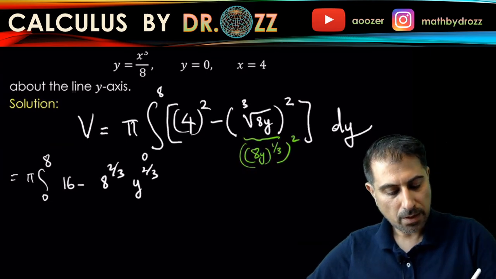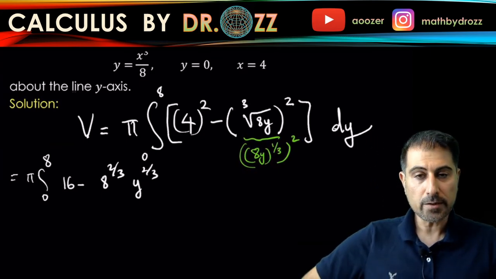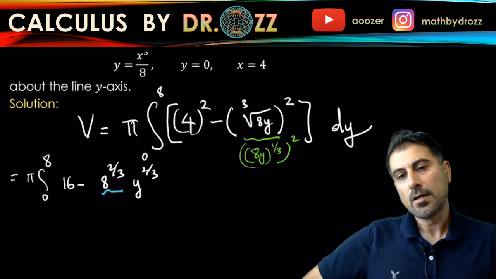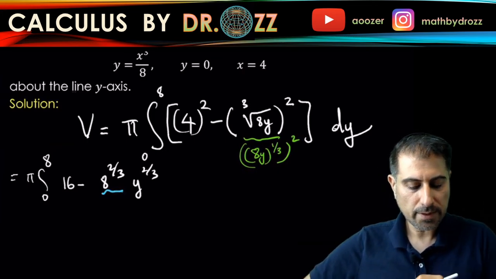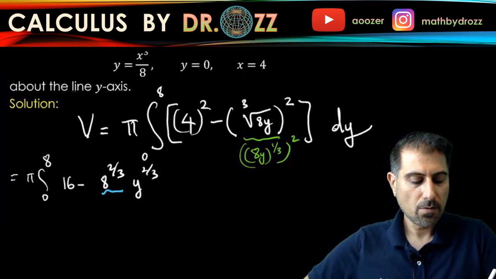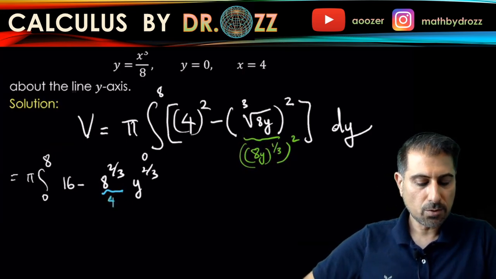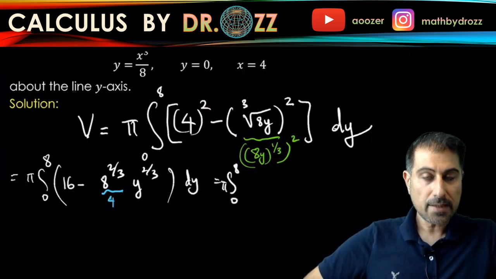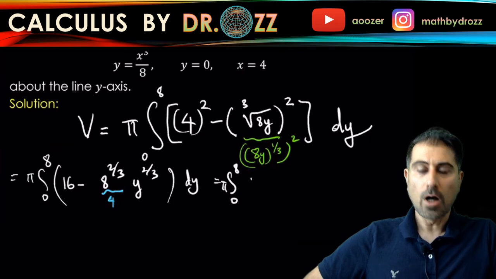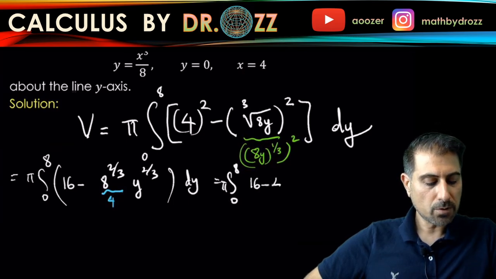And 8 to the power of 2/3 is the cubic root of 8 squared. 8 squared is 64, and the cubic root of that is 4. So that is equal to pi times the integral from 0 to 8 of 16 minus 4y to the power of 2/3 dy.